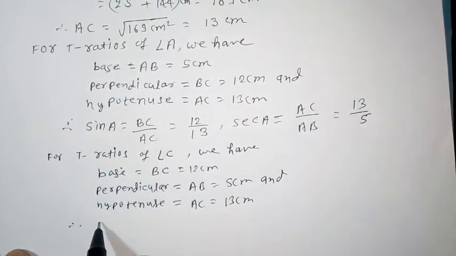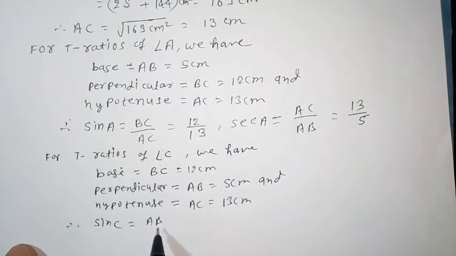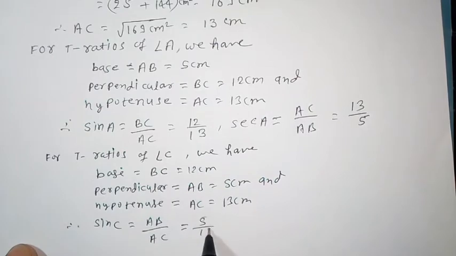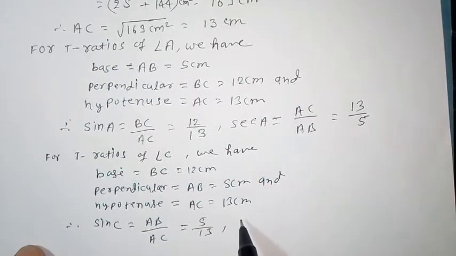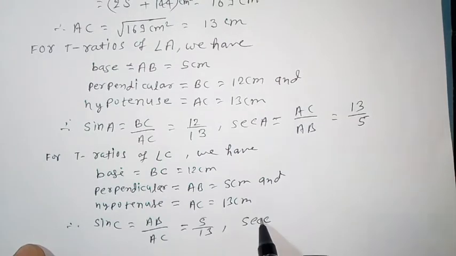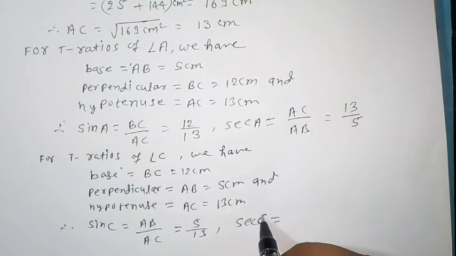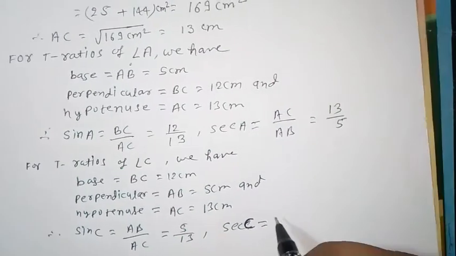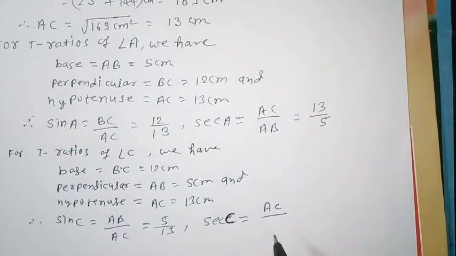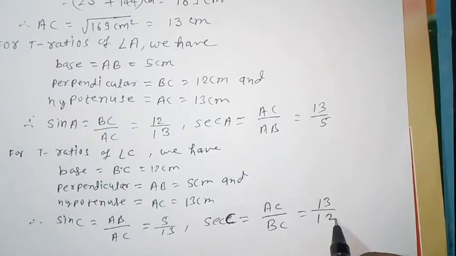Therefore, sin C is equal to perpendicular AB by hypotenuse AC is equal to 5 by 13. Sec C is equal to hypotenuse AC by base BC is equal to 13 by 12.